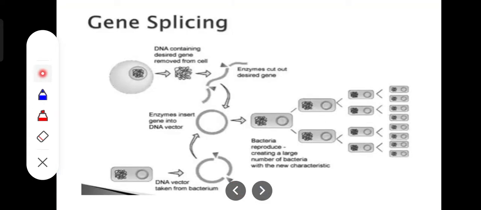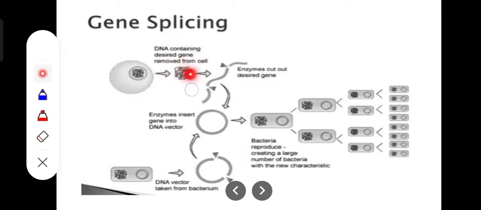So we have here a sequence for gene splicing. The DNA containing the desired gene is removed from the cell.